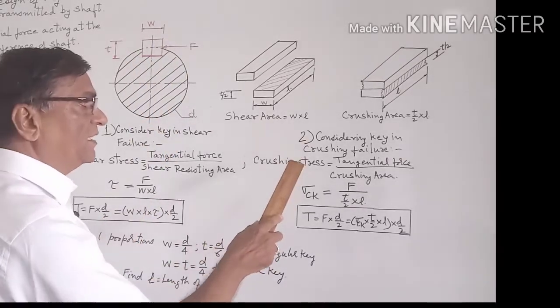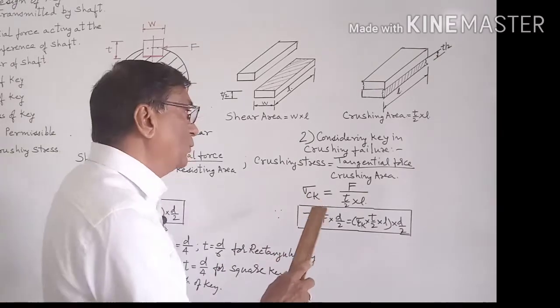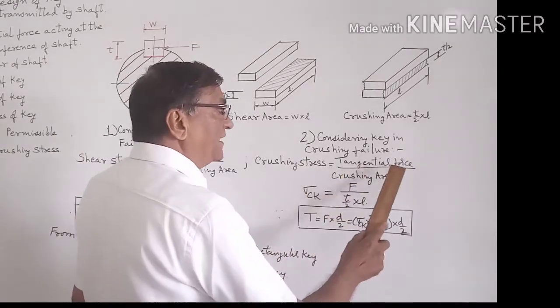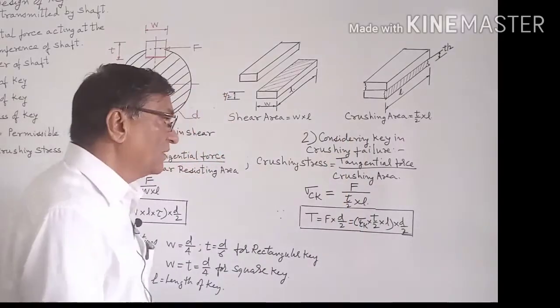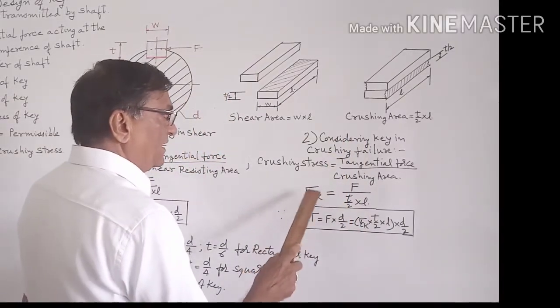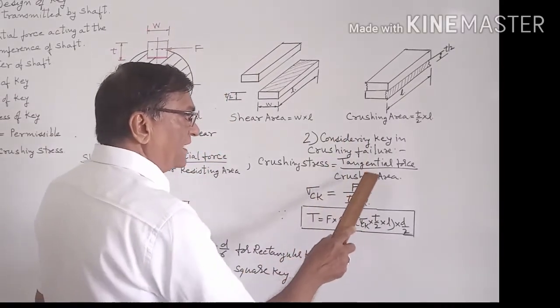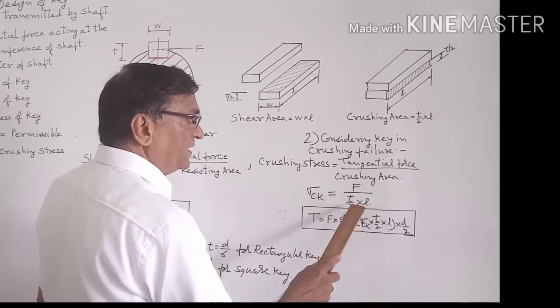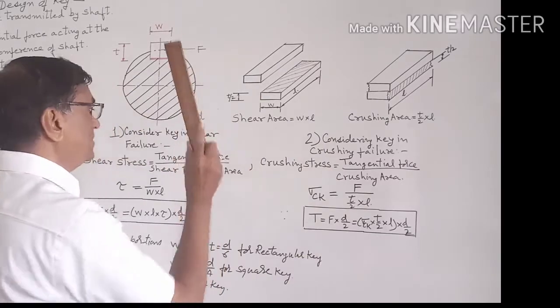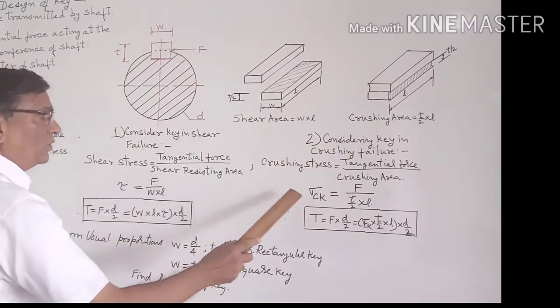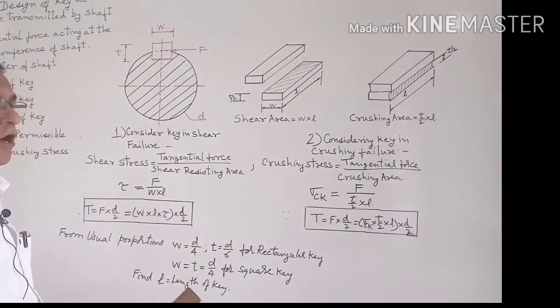And in crushing, the strength equation is crushing stress sigma ck is equal to tangential force F upon crushing area, T by 2 into L. So these are two strength equations that we have obtained.